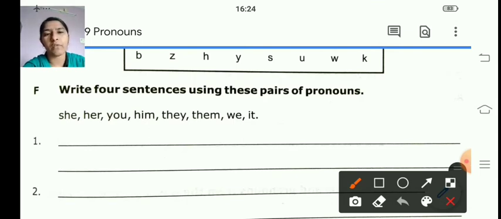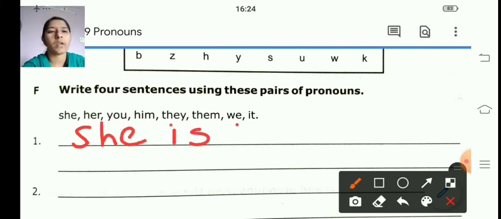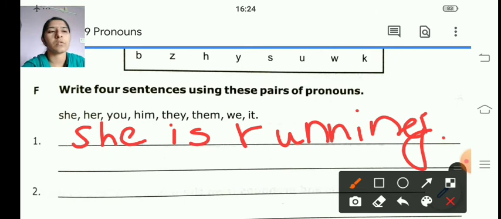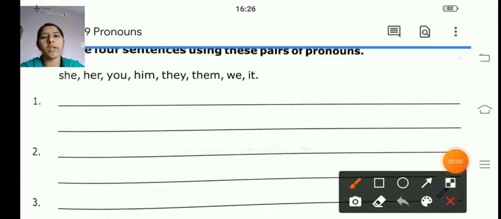So you can write she is running. You can do this. She is running. So you're going to use these words, pronouns, and write the sentence.